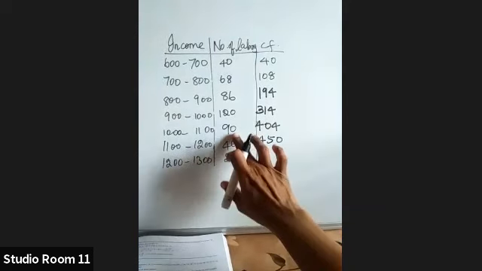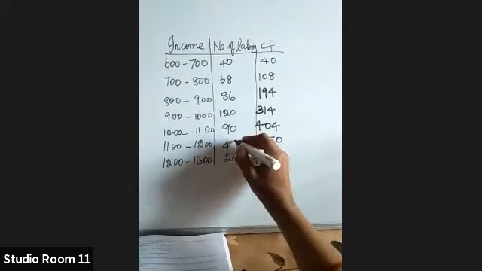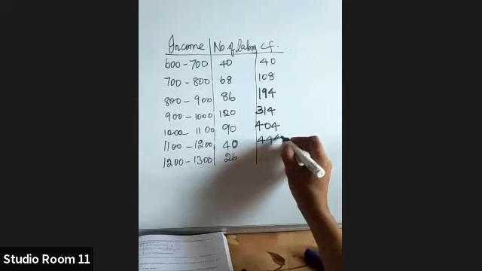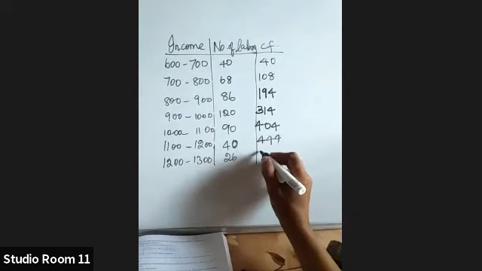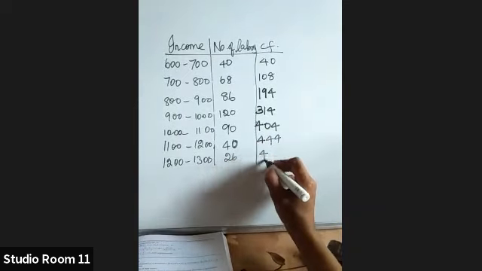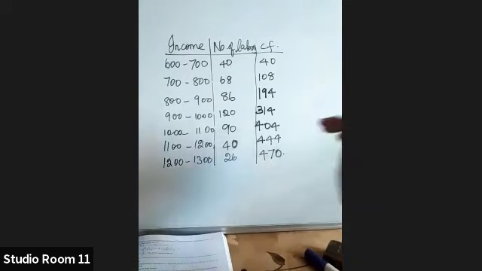Children, note it. Here the change is that this last frequency is given as 40, so 450 plus 26 is 476... I mean, 444 plus 26 is 470.